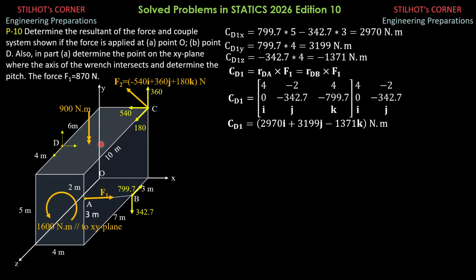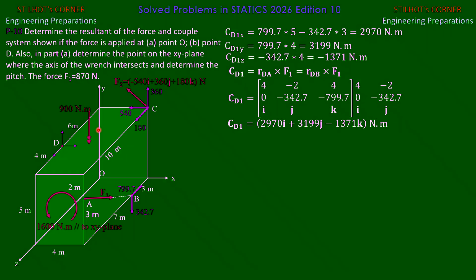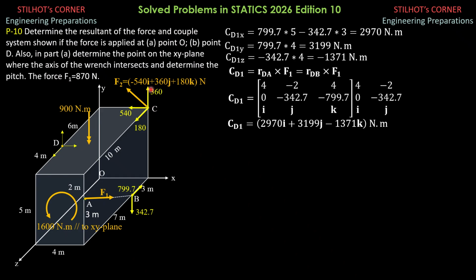So moment about dx, 540 is parallel, so no moment. 180 passes through dx because they lie on the same plane. And only this 360 Newton component has moment about dx, and it is positive. If you position yourself here, it is counterclockwise about dx, so obviously it is positive. So 360 times 6, that's the moment arm. So C sub D2x is 360 times 6, that's 2,160 Newton meter.